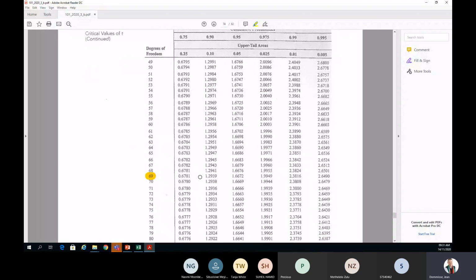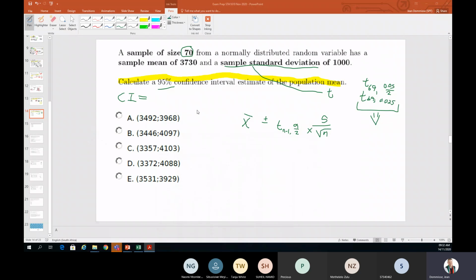Go across to 0.025. Got it. So where those two cross, 1.9949. So I just need to remember 1.9949, multiplied by the sample standard deviation of 1,000, divided by the square root of n.